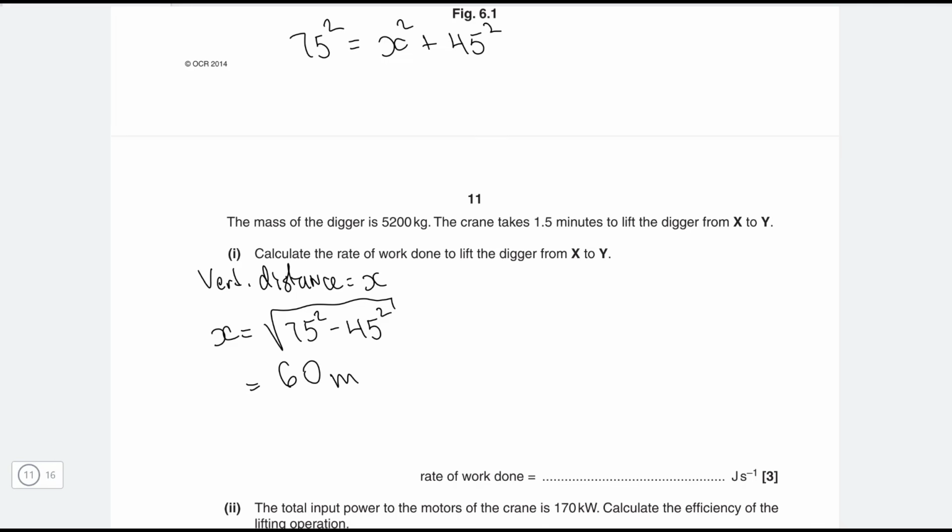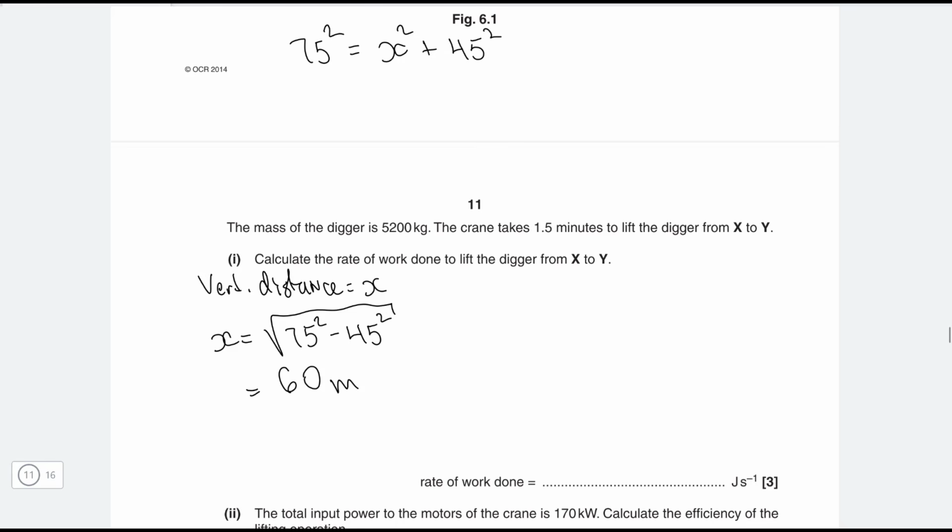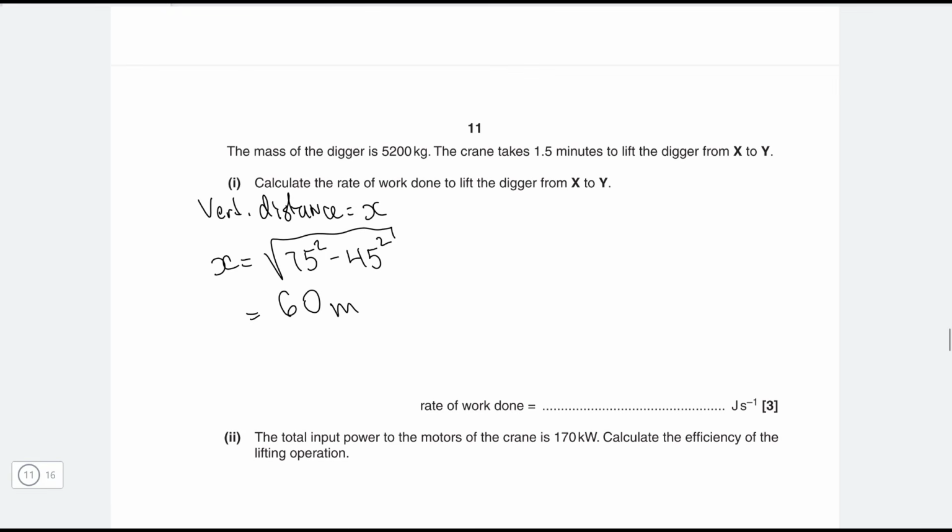Now, after we've done that, we could use some formulas for energy and power. The rate of work done is simply the power, and remember the power is equal to the rate of work done, so that's going to be W over t, or the energy over time. There's only one change of energy in this case, and this is gravitational potential energy divided by the time t.